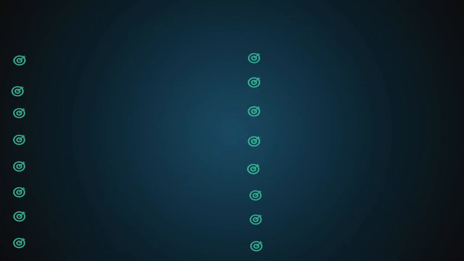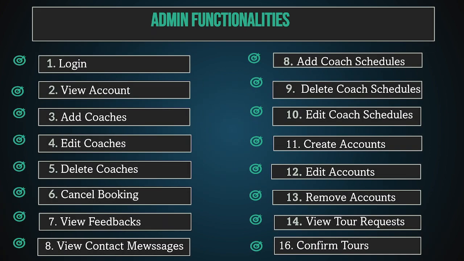And the admin functionalities are login, view account, and coaches: add coaches, edit coaches, delete coaches, feedbacks, contact messages, add and delete coach schedules, edit, create accounts, edit accounts, remove accounts, view tour requests, confirm tours, like that.